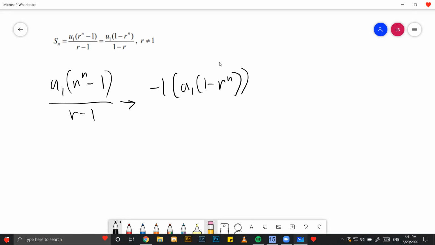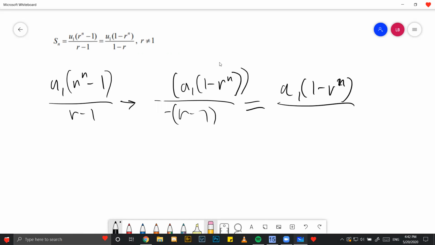I took out a -1 because r to the n minus 1, and then I multiply both by -1. I get 1 minus r to the n over r minus 1. And then the -1 is over there, and I can just make the bottom negative instead. If I make the bottom negative like that, then I'll just end up with a1 times 1 minus r to the n over 1 minus r. That's all.